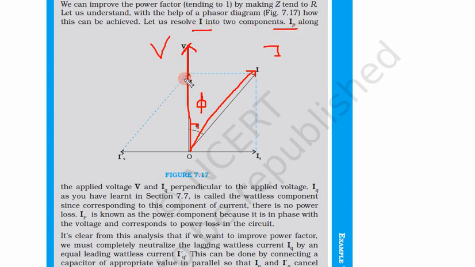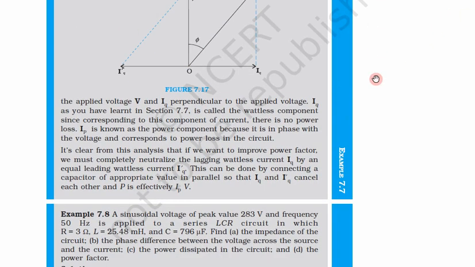One is parallel to the voltage, which we name IP, and another is IQ, which is perpendicular to the voltage. As we have done many times, any component can be divided into horizontal and vertical components. So one is parallel and another is perpendicular to the applied voltage. So two components are there.